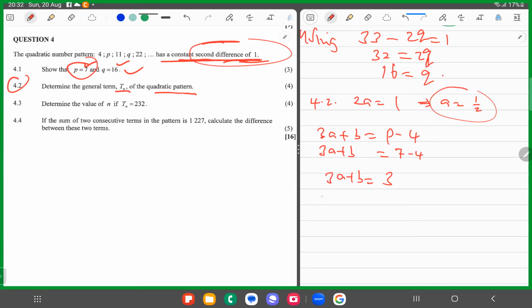If a is 1/2, then b equals 3 minus 1/2, which is 3/2. So we have that.